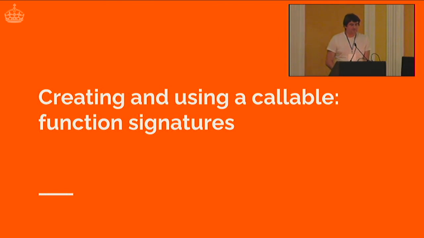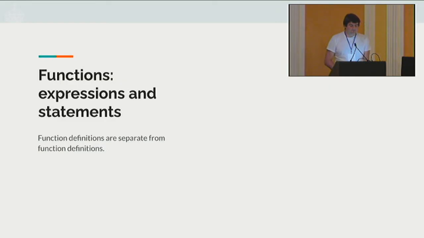So let's look at actually creating and using some of these callables and the things that result from them, which are function signatures. Now, functions, as we think of them in Python classically, are actually two separate concepts inside of the documentation, inside of the language. One's an expression, and one is a statement.